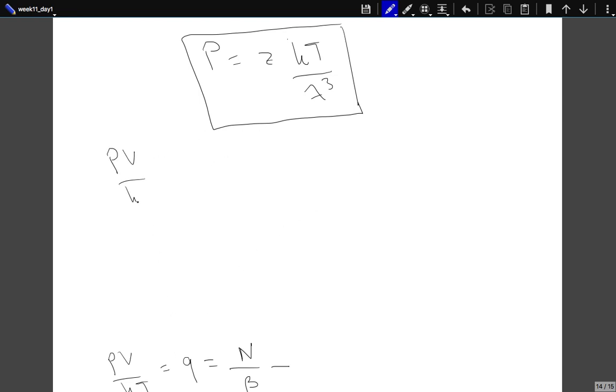PV over KT is Q, which we had defined as e to the power minus alpha minus beta epsilon in the case of the Maxwell-Boltzmann particles.